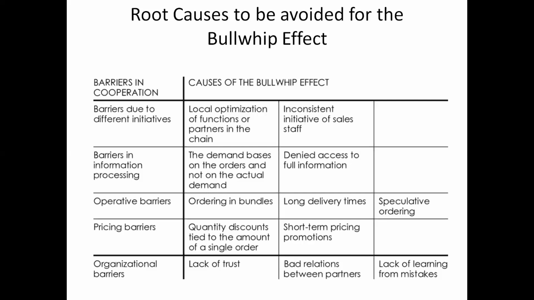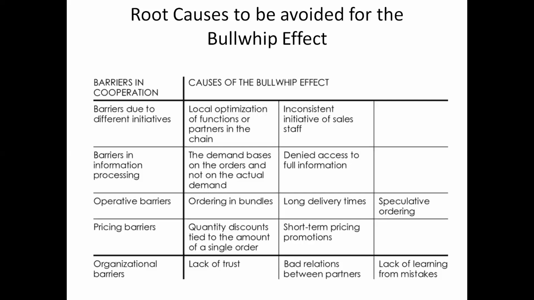So there should be a proper communication channel between the manufacturer and their suppliers and the retailers, so that they have the real situation on the ground available to them on a real-time basis. Operative barriers include ordering in bulk, bundles or bulk ordering, that further leads to long delivery times, and that leads to speculative ordering that is just based on your gut instincts, a hit and run method.